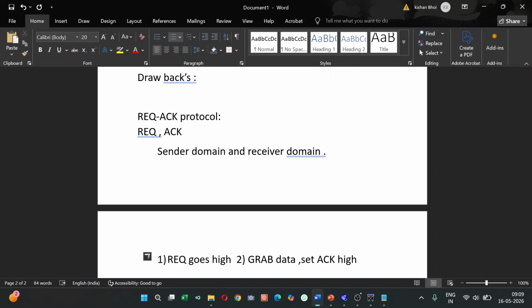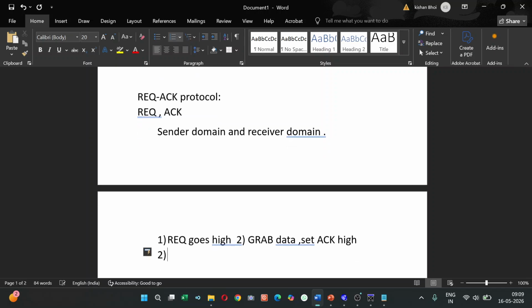Now at the third step, at the sender domain, it will see the acknowledge and drop the request to low.